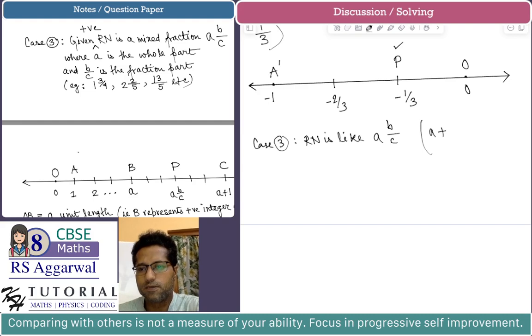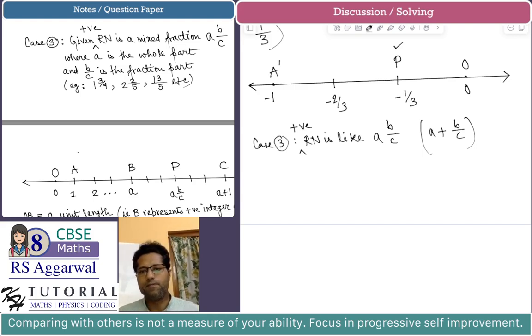So we have a whole part, the whole part a will be an integer, and b by c will be a fraction. And in case 3 we are considering that the rational number is a positive rational number, of the form a and b by c, a mixed fraction, which we know is a plus b by c.